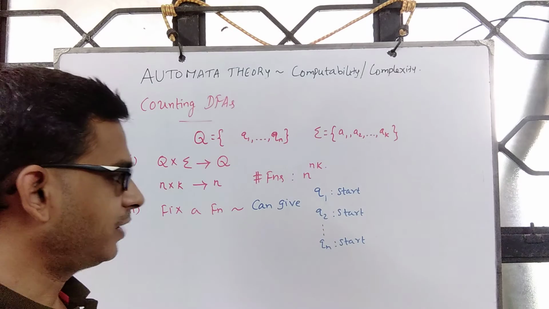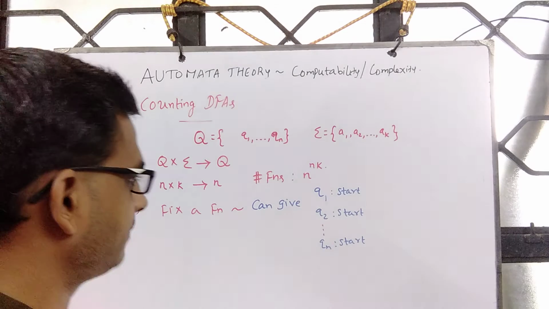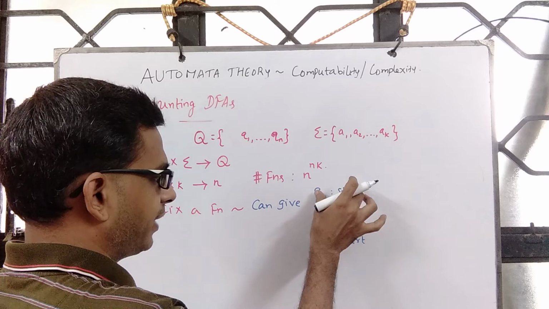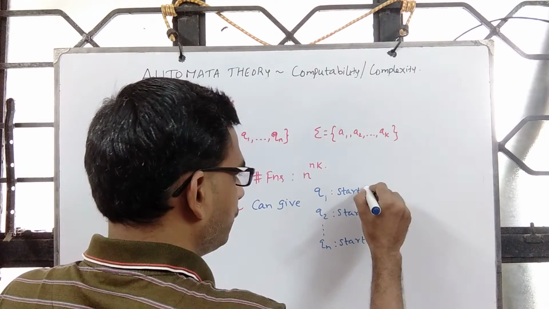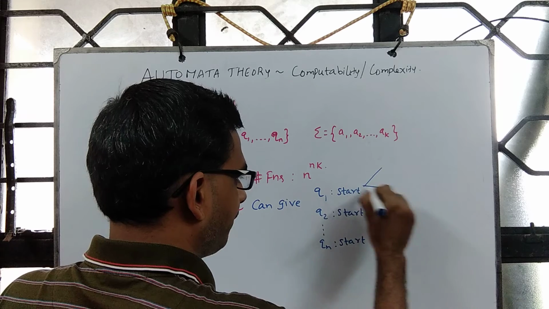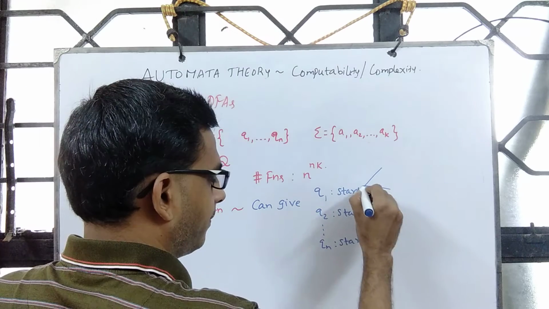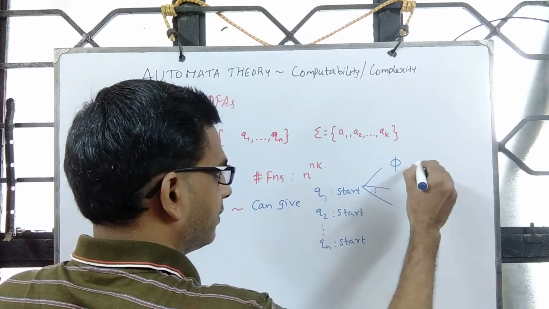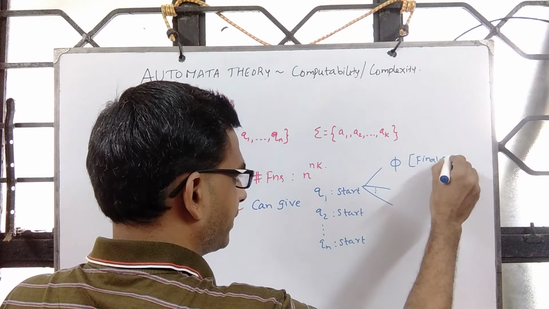For an automaton, we can have only one start state, but many final states. Which means each of them can give you more. Then with q1 as the start state, what all automatons can one get? You can get an automaton in which the empty set is your final state, which means no final states at all.